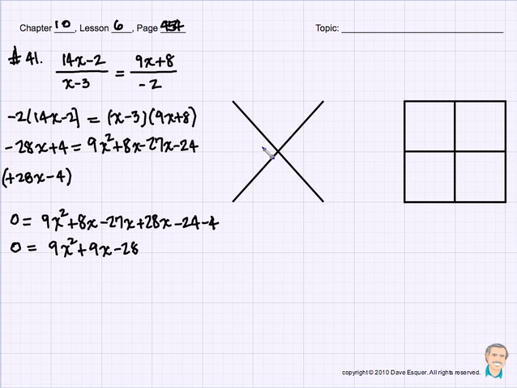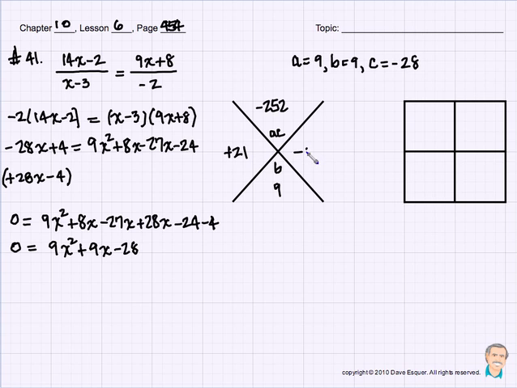So we end up with A, B, and C. A is equal to 9, B is equal to 9, and C turns out to be equal to negative 28. So we're going to have to use our factoring skills to come up with the factors for 9x squared plus 9x minus 28. We end up with AC being minus 252 and B being a positive 9.